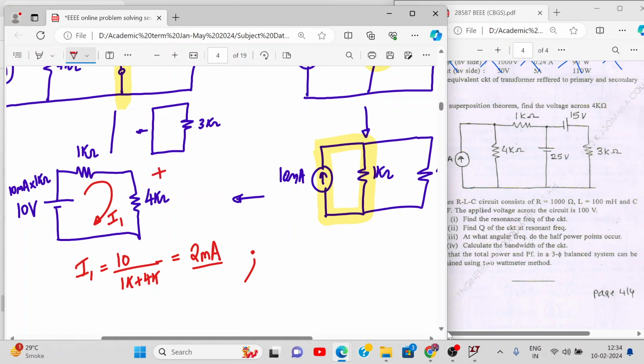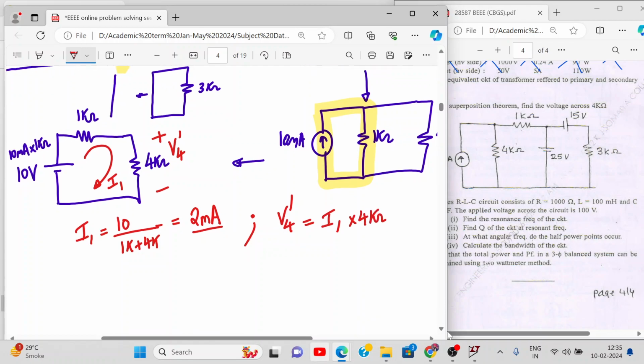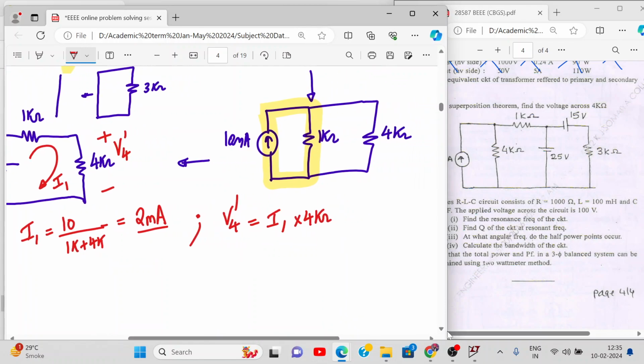And now we don't require this. We want voltage V4. So what is V4, anyone? This current I1, V4 dash actually. This current I1 into 4 kilo ohm resistance. Yes or no? So V4 dash will be 2 milliampere into 4 kilo ohm.